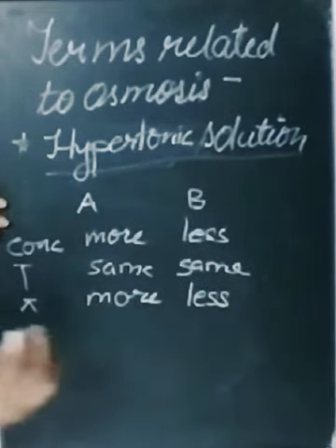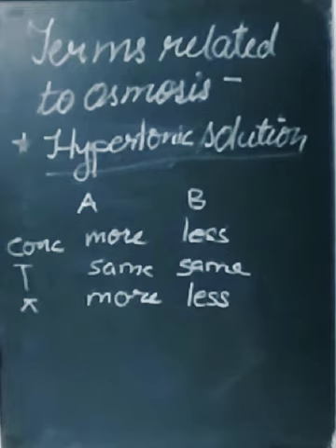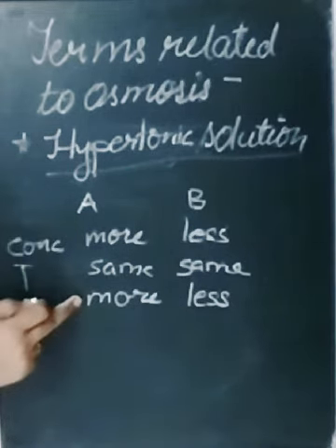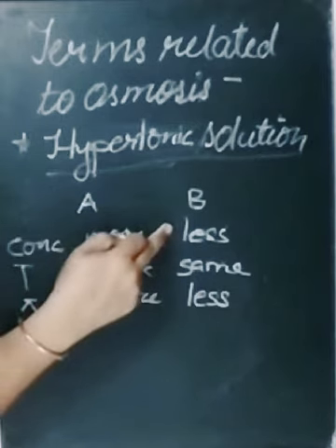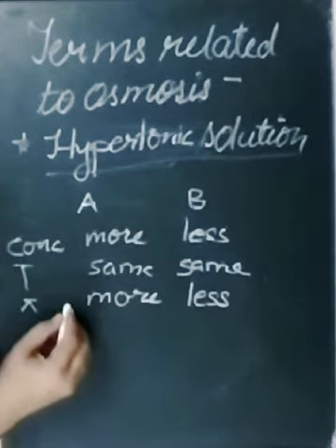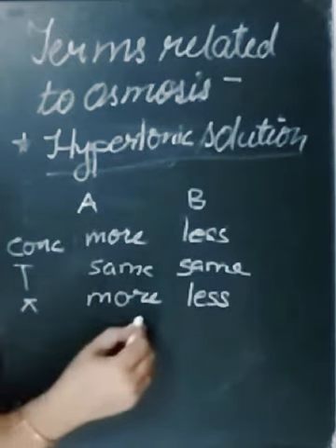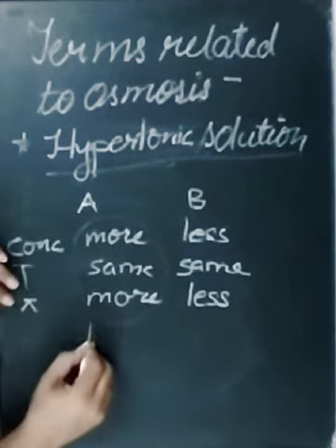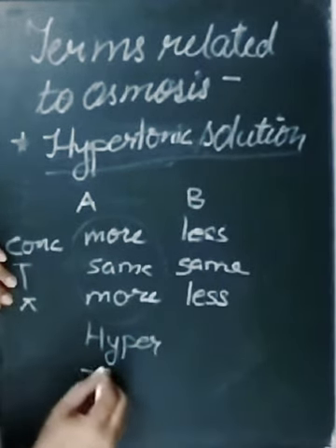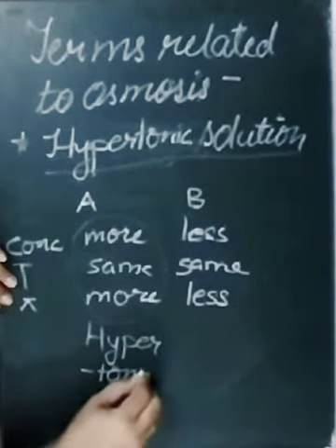We have two solutions. One is having more concentration and more osmotic pressure. Another is having less concentration and less osmotic pressure. One which is having more concentration and more osmotic pressure, that is hypertonic solution.